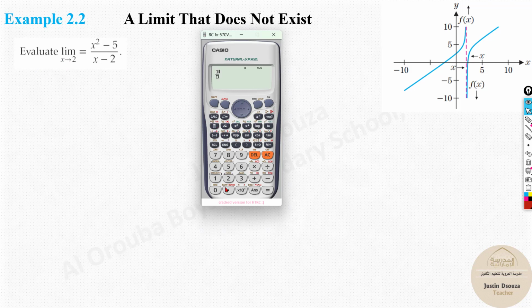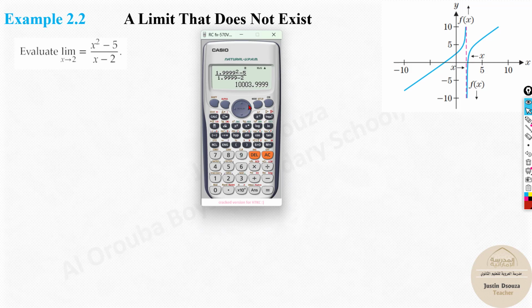So let me take 1.99 square minus 5 divided by 1.99 minus 2. The answer is 103.9. If it's a huge number, I generally tend to increase the zeros and just check.